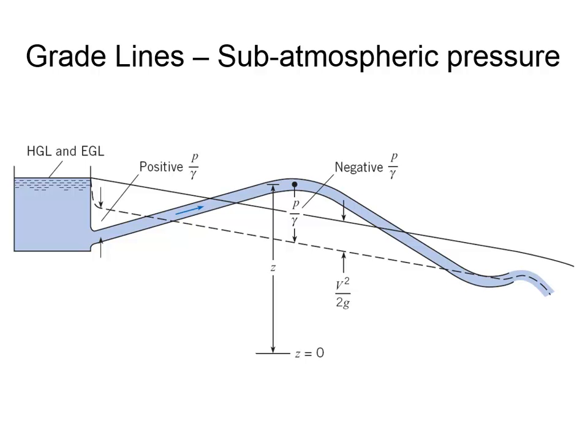And so you have a risk of cavitation, because since the pipe is above the HGL here, the gauge pressure is negative. Now, of course, the absolute pressure isn't negative, but if you measure the absolute pressure and it goes below the vapor pressure of the liquid, that's when the cavitation can occur.